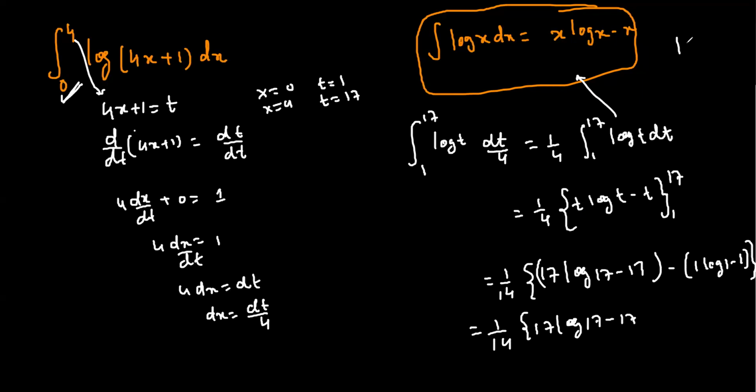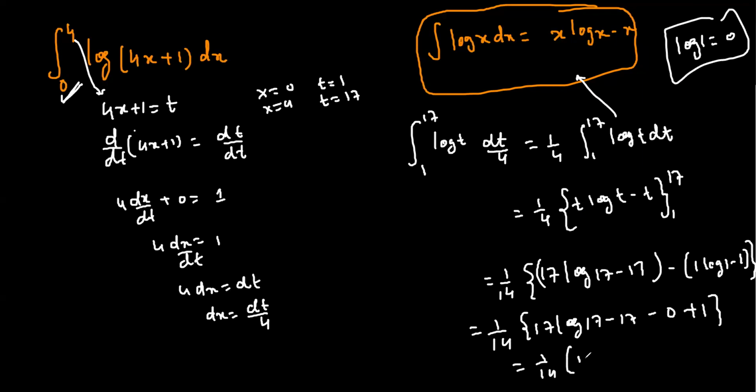Log 1 is always 0. Okay? Remember this. Minus minus plus 1. Minus 17 plus 1 is minus 16. This is your answer.